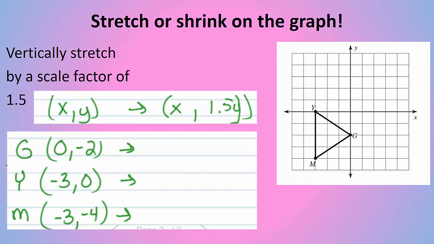And now we can dilate using our rule. And so we'll start with plugging our x value in. 0 plugs in for x, so that gives us 0. -2 times 1.5 gives us -3. We end up with an ordered pair at (0, -3).